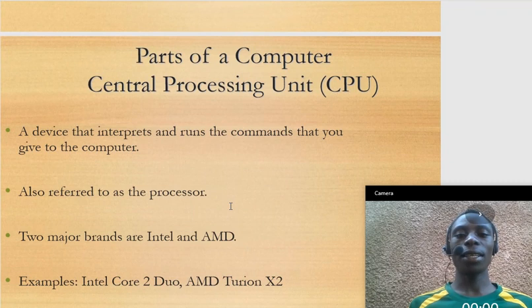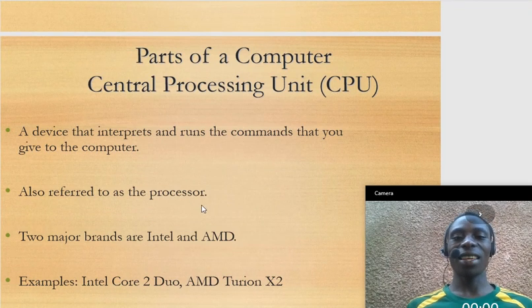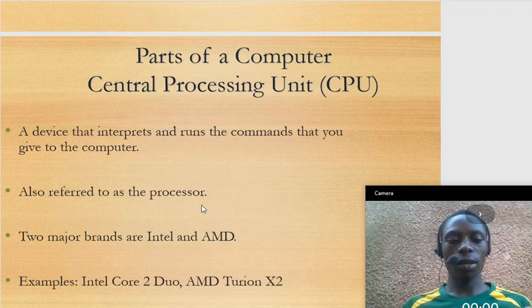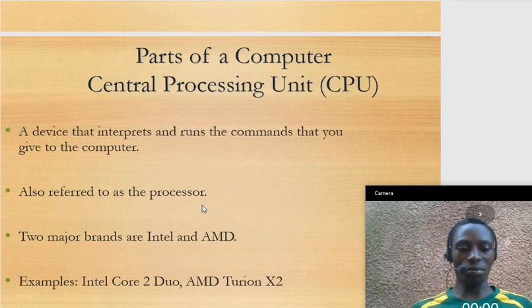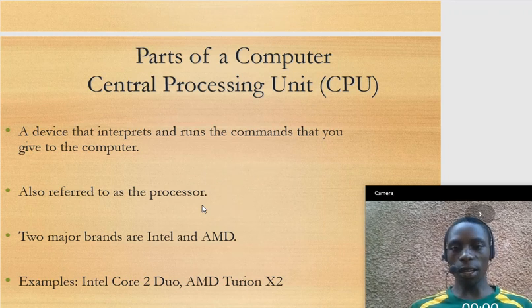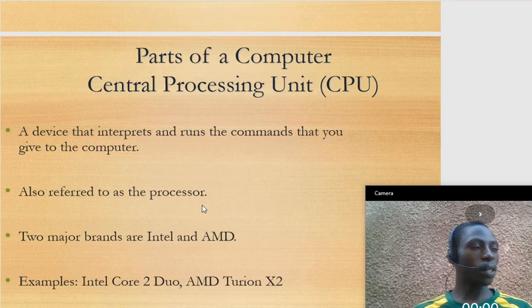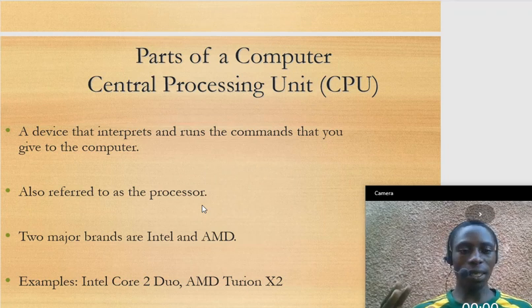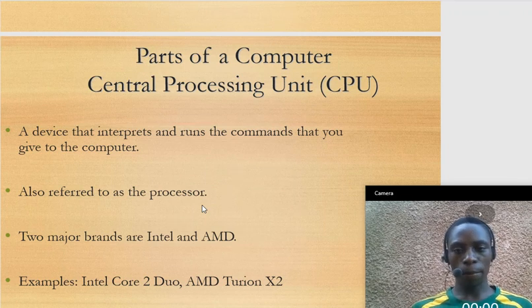We have the central processing unit as another part of the computer. This is very, very important. I remember when I was studying computers, we used to call it the brain of the computer, because it is what interprets what the user has input in the computer.